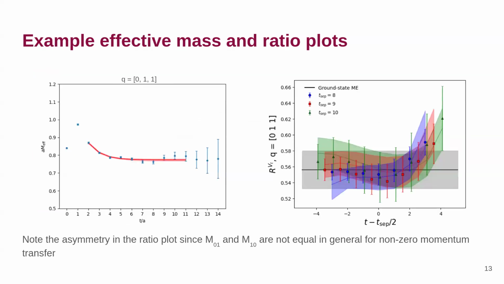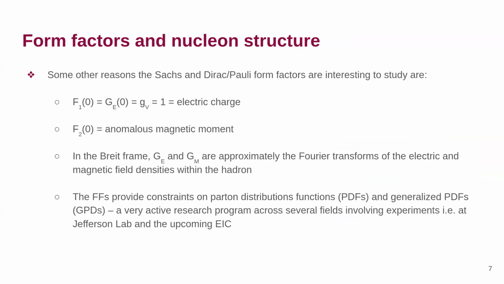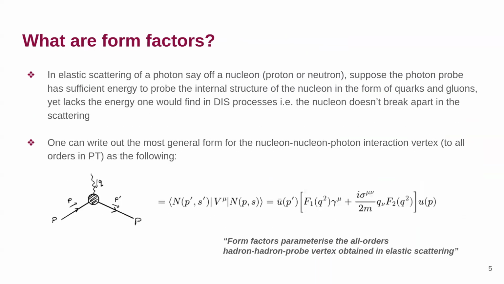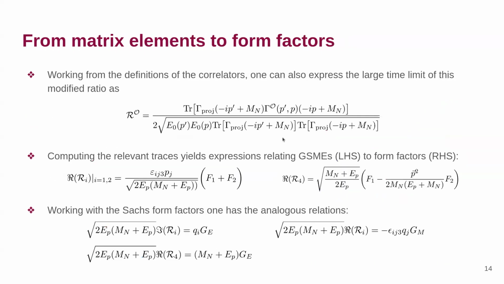If I go back a couple slides, if that's the vector form factors that we're looking at, that's going to be our expression involving F1 and F2 with these gamma matrix structures. So that will appear in this expression where I've labeled this capital gamma O here.